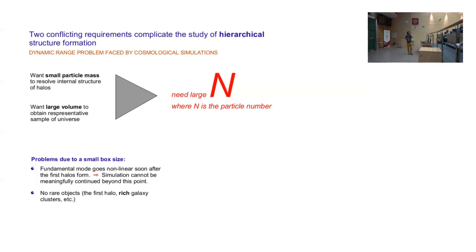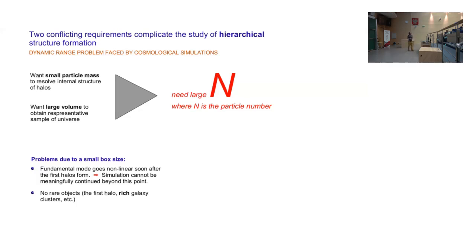So sometimes in the literature you will find that some simulations were run to redshift 2 in a small box because they wanted to study the high-redshift universe, but they couldn't carry on to lower redshift because the box was too small, like a 10 megaparsec box, 20 megaparsec box, things like that.